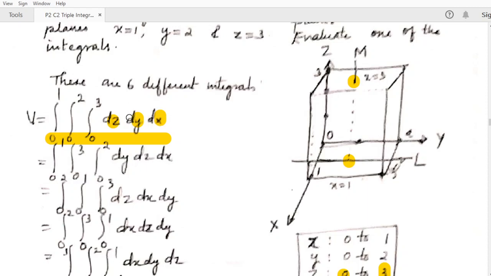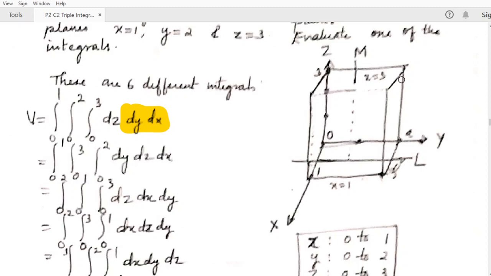Whenever we are finding the limits of the three coordinates in this formula for volume, the last two coordinates, here y and x, we find by projecting the shadow of this particular solid on the yx plane or the xy plane. We can say yx or xy plane, it is always the same.